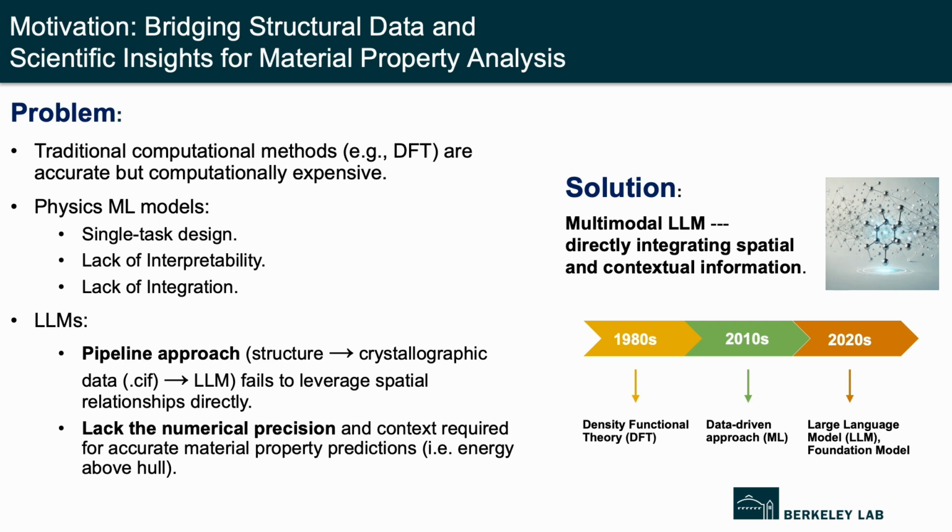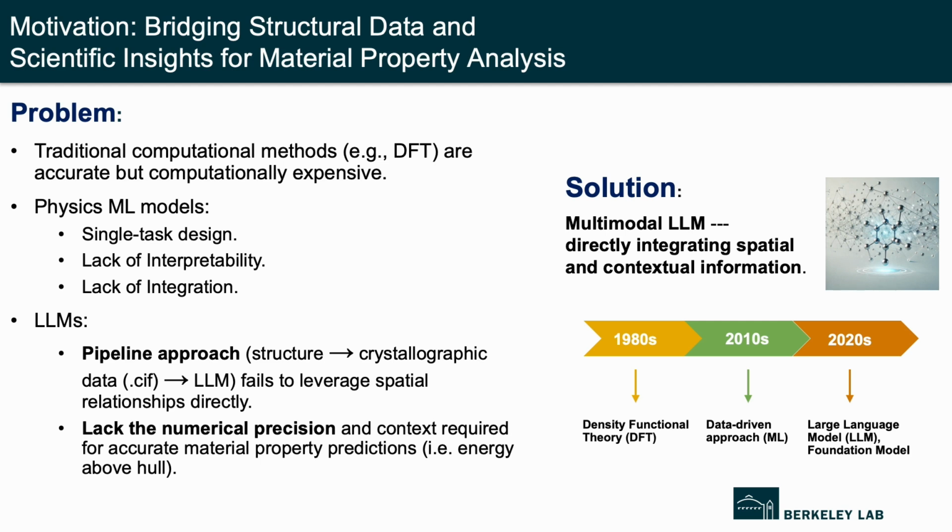However, in the material area, the material always comes as a structure. So one typical approach to utilizing LLMs for such a task is that we first convert the structure to its crystallographic data, and then tokenize it and feed it as a sequence into the LLM.